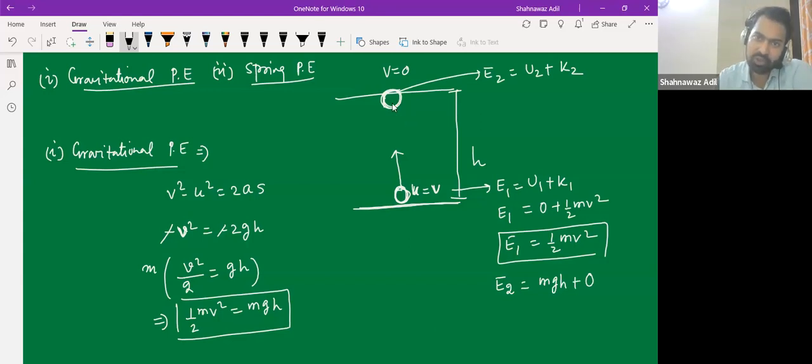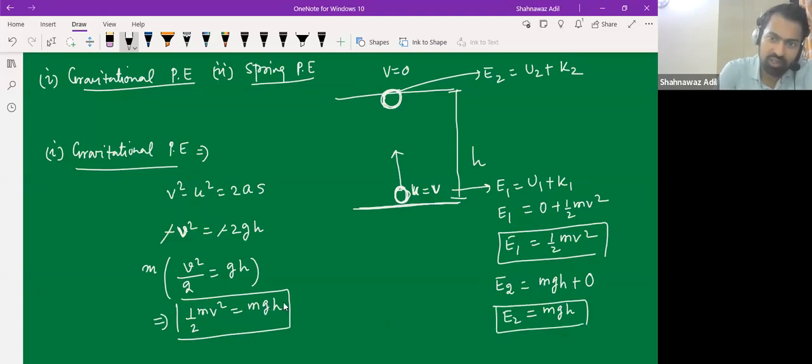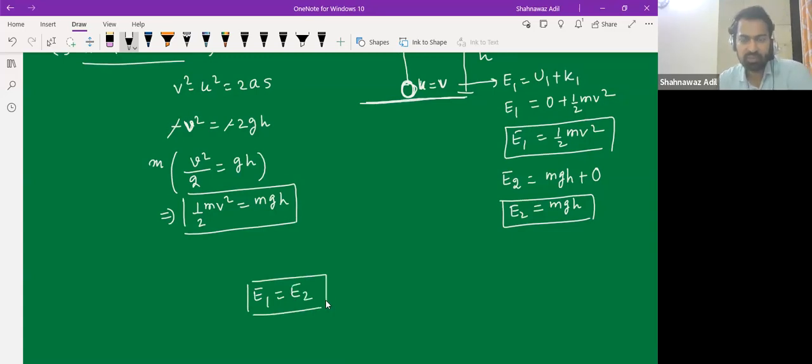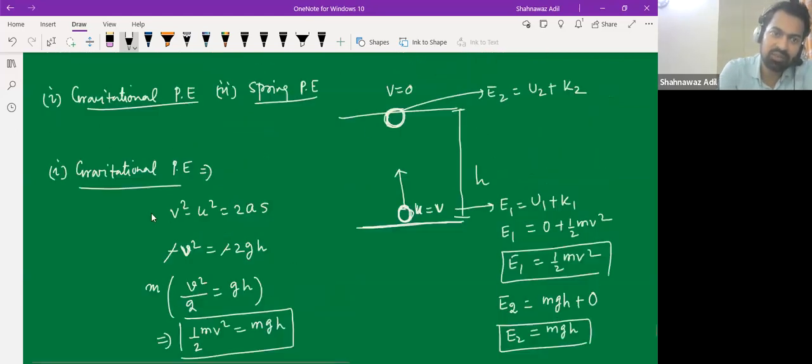Because there is no motion at this point. So E2 is mgh. And from this equation, we saw that half mv square is mgh. So this means that our E1 equals E2. Is this clear? Yes, sir. So this tells the conservation of energy from the gravitational potential energy.